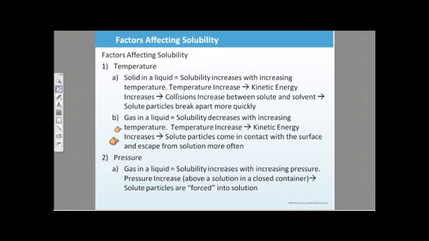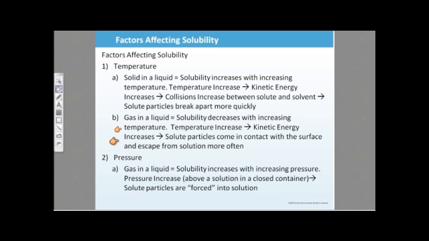For a gas in a liquid, it actually has just the opposite effect. The solubility decreases. Okay? Again, going back to the molecular theory here, you increase the temperature, the molecules are moving faster. Well, remember, for gases to be in liquids, we have to kind of force them in there, because a lot of times those gas particles actually want to escape and be free and float around in the container, the room, wherever you happen to have the cup or bottle or whatever it is that we're talking about.